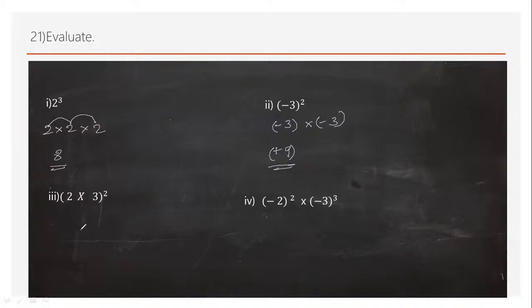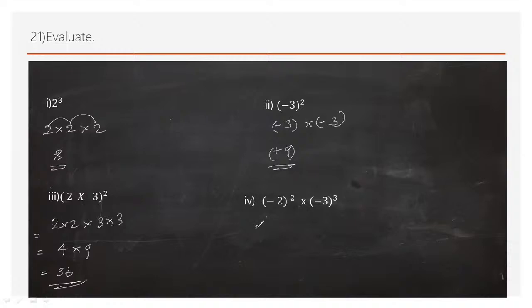Next question, 2 into 3 to the power 2. It means you can write 2 into 2 into 3 into 3. 2 times 2, 4, 3 times 3, 9. Answer is 36 here. Here minus 2 squared.